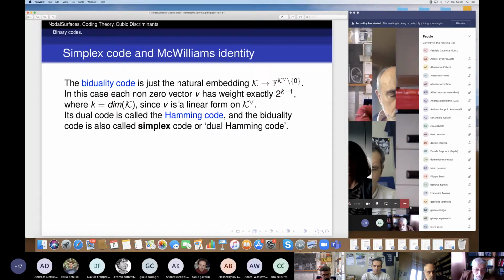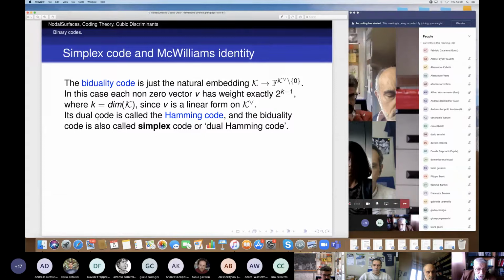So each non-zero vector is a linear form on K dual. So it takes half of the time the value 1, and half of the time the value 0, but we are removing 0. So you see that the weight is exactly 2 to the k minus 1. So this is a code where there is only one weight.